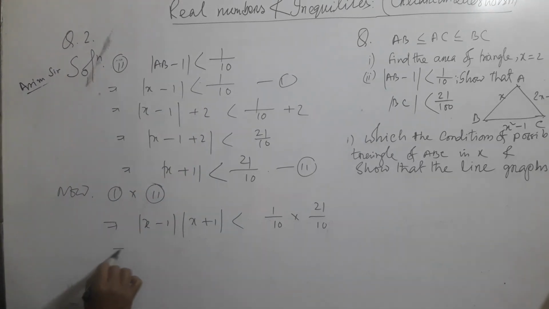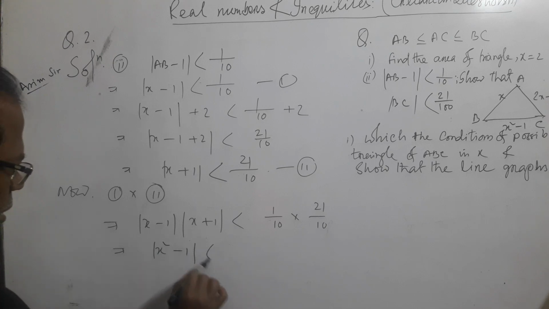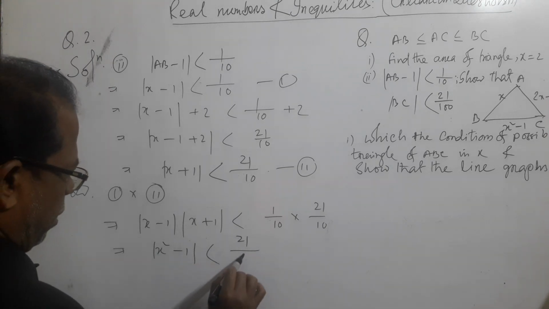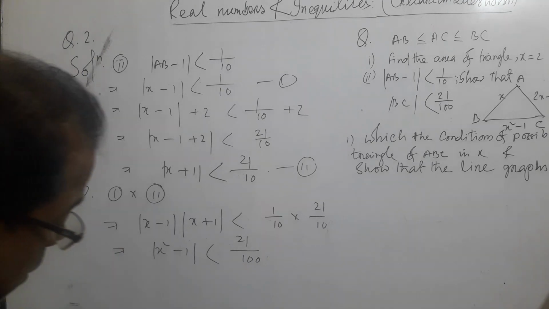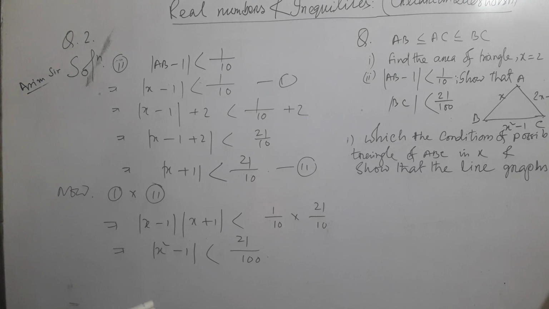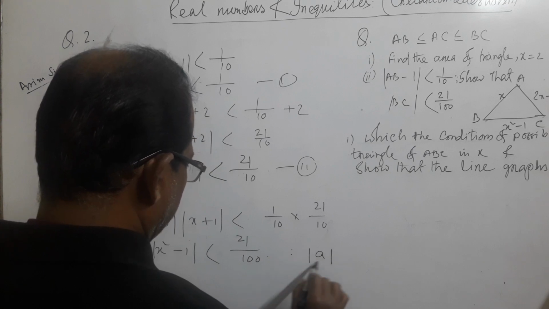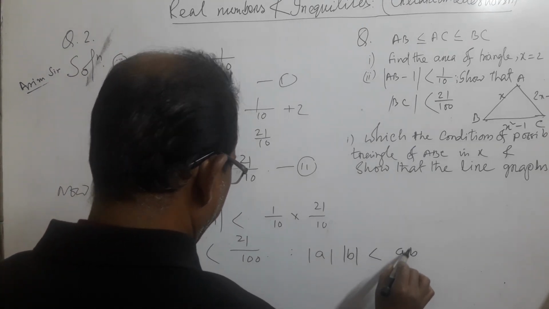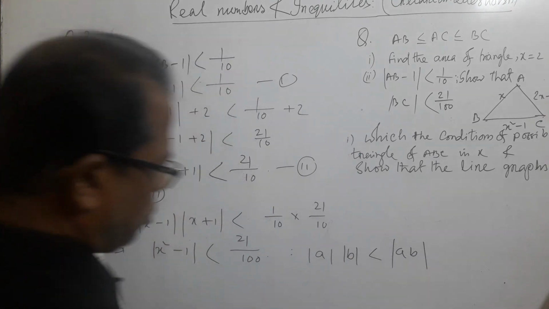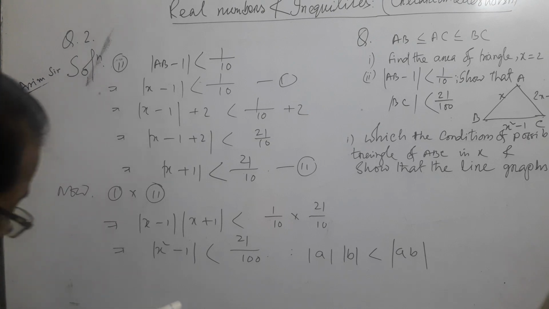That's why |x² − 1| is less than 2 × 1/100. It's an easy process, using the formula |A||B| is less than or equal to |AB|. So it's very easy, I think.